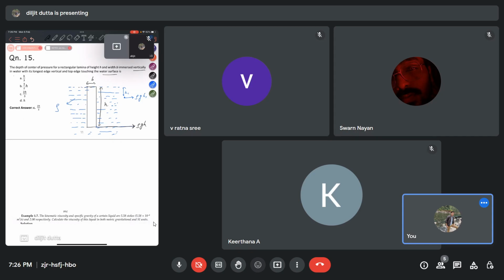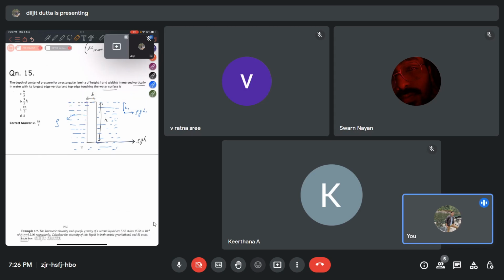The main phenomenon is that when you take the center of pressure, you are taking one unified pressure. So you take one pressure value, suppose this is P, and this is Cp, the center of pressure.